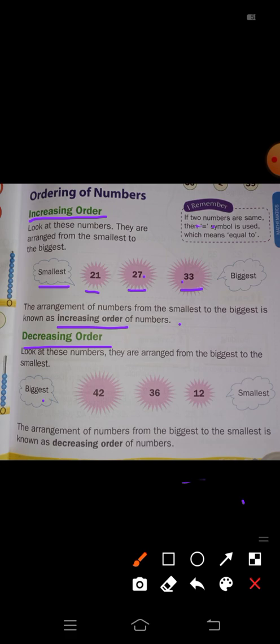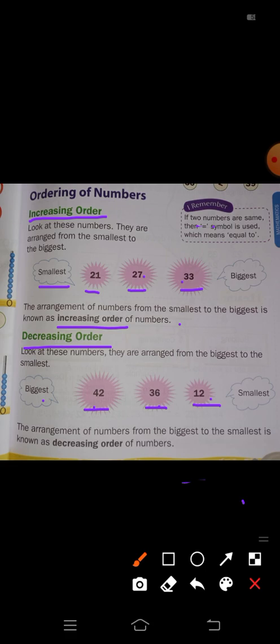Numbers 42, 36 and 12 are there. In these three numbers which one is bigger? Number 42. So write the first number 42. Next is 36 and the last number is 12.